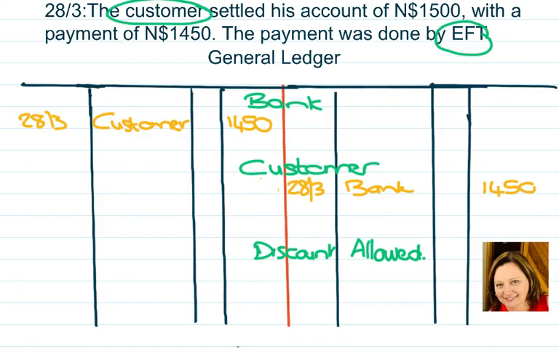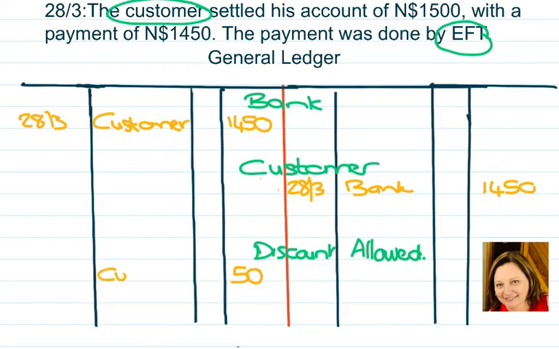But now there's still a $50 left, and that $50 was a discount. Now, discount allowed is an expense from our side because we allow discount. So in other words, my profit will go down. So discount allowed should be on the debit side because expenses go to the debit side.